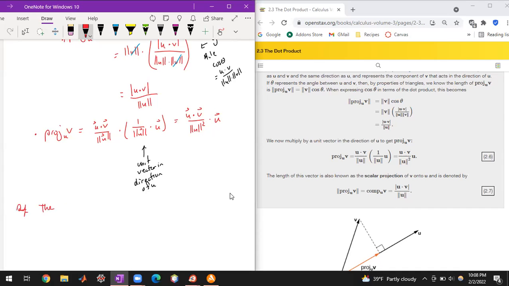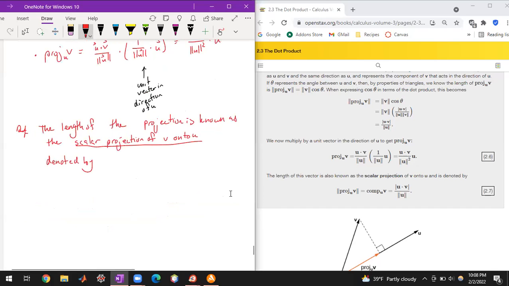So the length of the projection is known as the scalar projection of V onto U. So this is denoted by comp sub U of V. So the magnitude of the projection of V onto U is equal to the comp sub U of V, which is the absolute value of the dot product divided by the magnitude of U. So notice that whatever is our subscript turns out to be also our denominator.